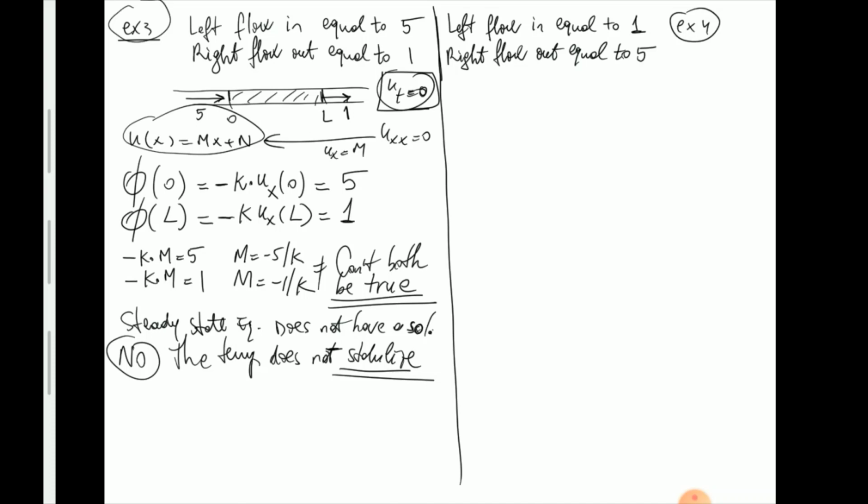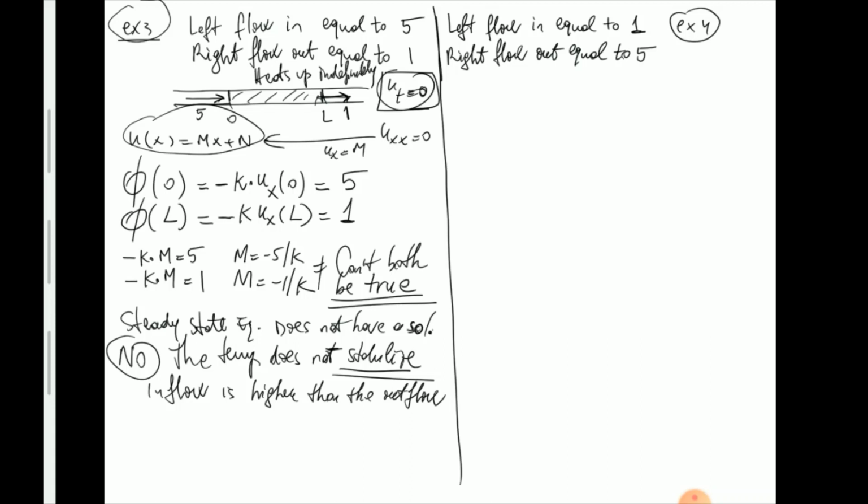The temperature keeps on rising because the inflow is higher than the outflow of heat energy. You heat up more on the left than you remove heat on the right hand side. So obviously this object heats up indefinitely.